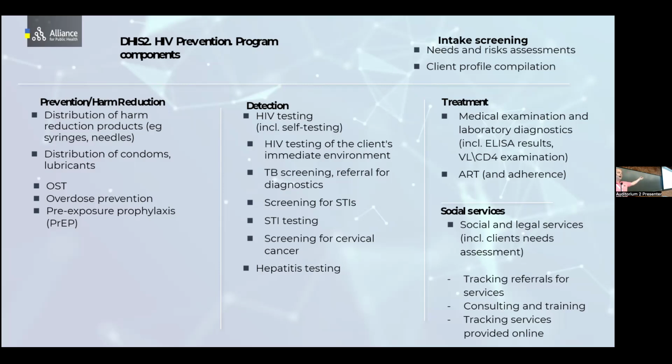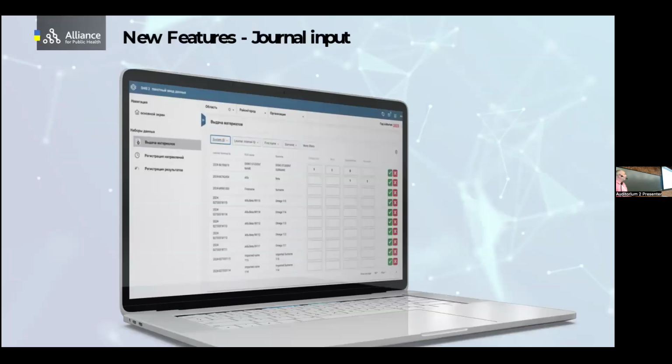And then this data should be in DHIS2. So we decided to give them a tool like an Excel sheet, like a paper sheet, but in an electronic way, in DHIS2, in which they can input data in the manner they understand, and they clearly see what they are doing.